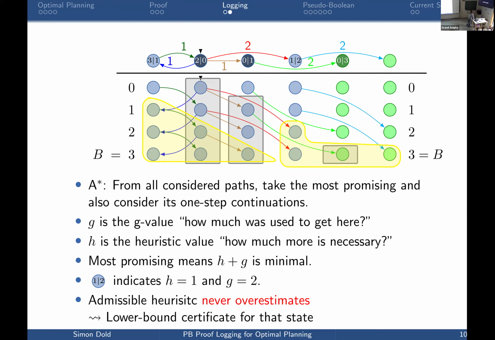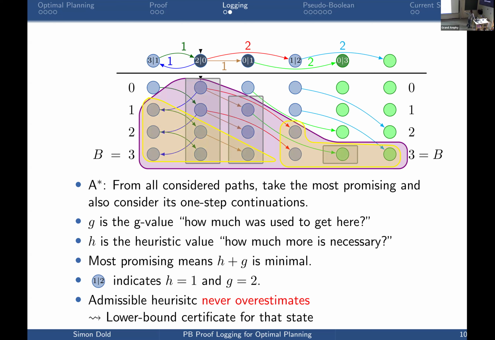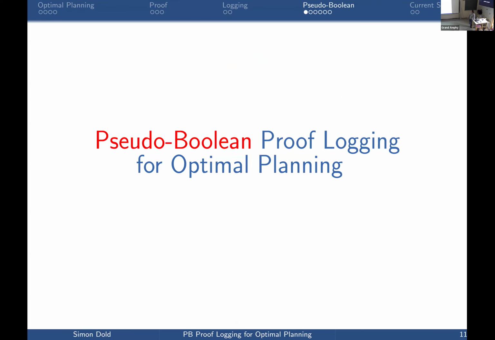And when we have those, we can do a union of all these sets and use this as our final certificate that we have a lower bound of 3 for this particular task. So that was the idea of the proofs and how we generate those proofs on the way while executing the algorithm. And now we're coming to the Pseudo-Boolean part.